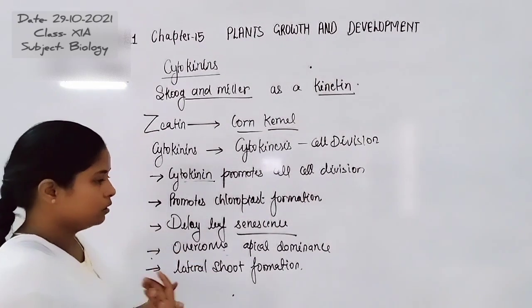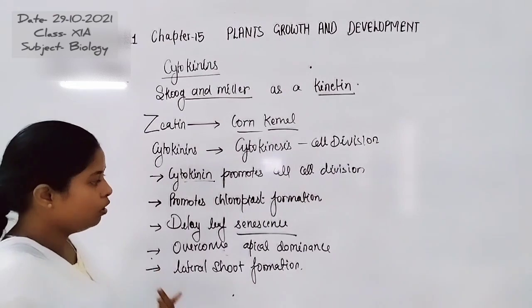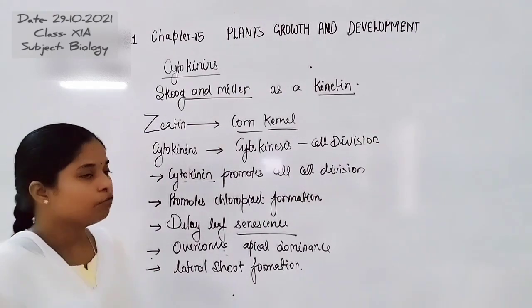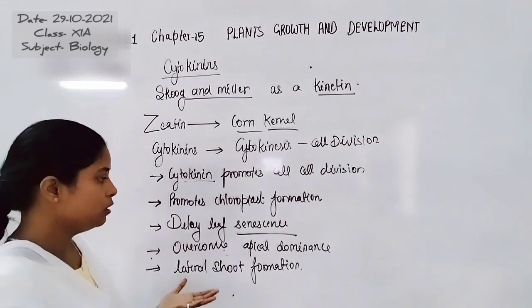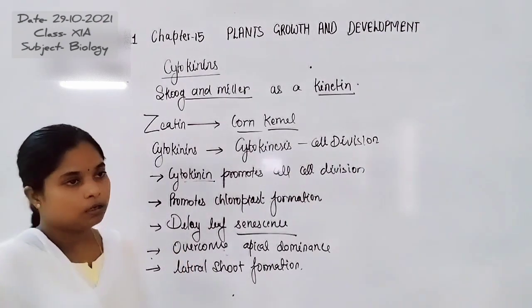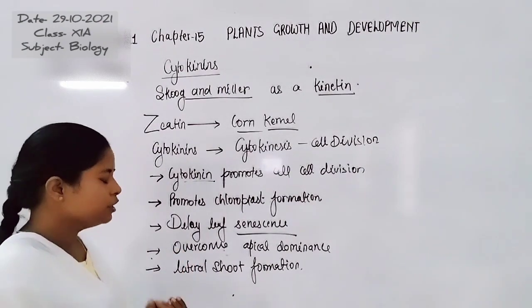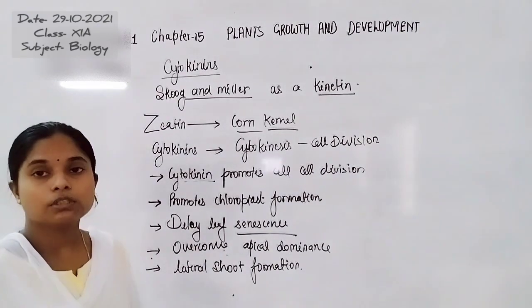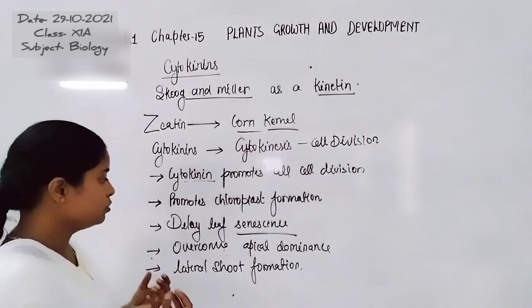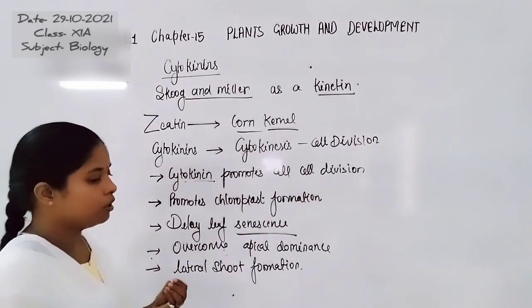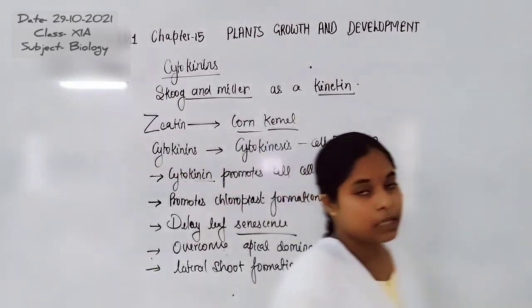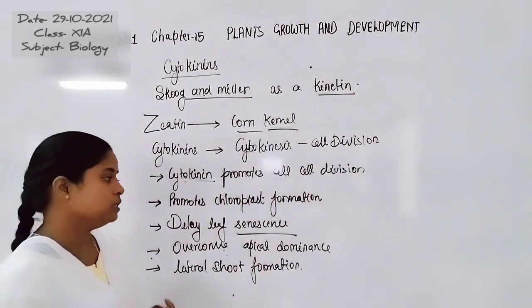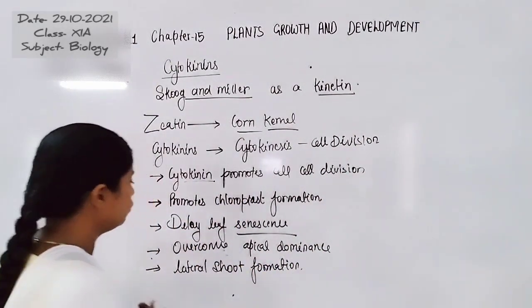Now, they also delay leaf senescence. That means the withdrawal of leaves: if the plant undergoes water stress, it sheds its leaves to reduce water loss during transpiration. Hence the wilting and shedding of leaves is done by the plant to decrease transpiration and loss of water.